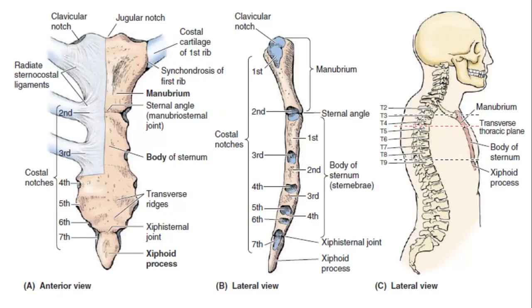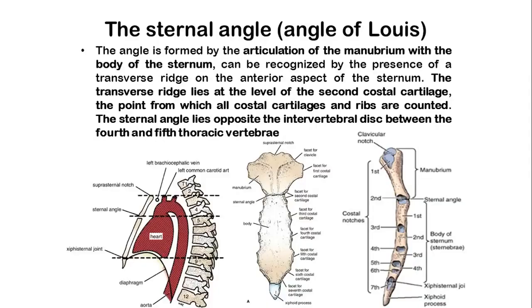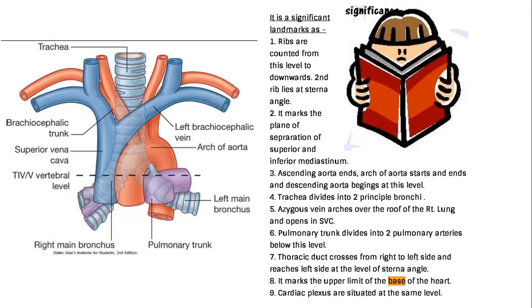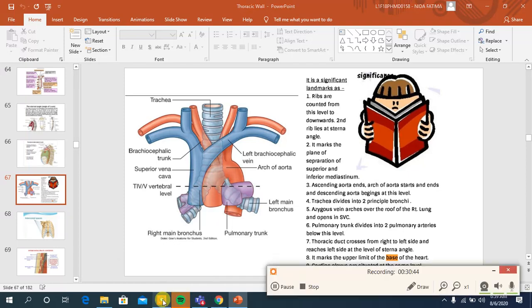Then we have studied the sternum, its parts and attachments, and the sternal angle and its importance. So inshallah, in the next lecture we will discuss the intercostal spaces. Allah Hafiz.